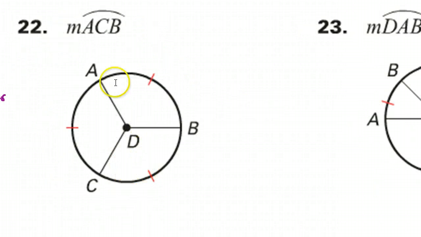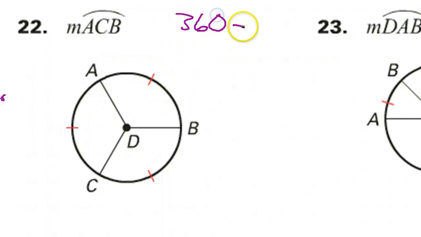Alright. Similarly, if I want to find out what arc ACB is, first it would help to just know what each one of these is. Well, see these marks? That means they're congruent. That means we're looking at 360 divided by 3. Well, 36 divided by 3 is 12. So 360 divided by 3 must be 120.